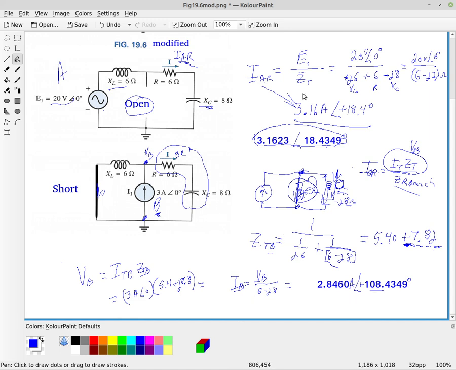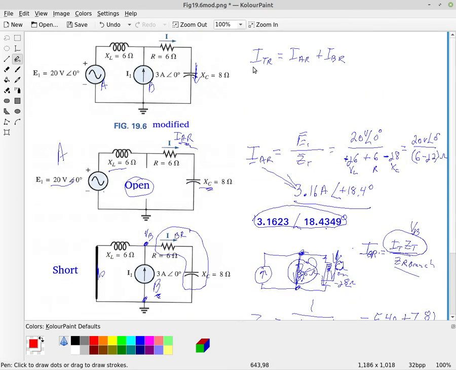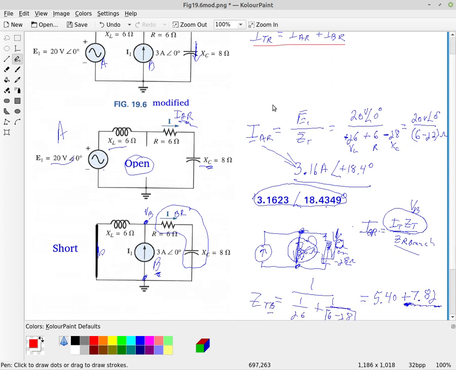Now we can come back up to our original circuit, and we're going to add these two together.